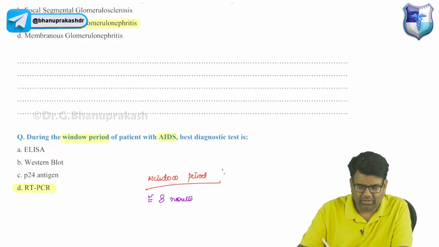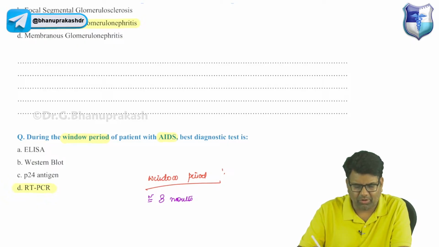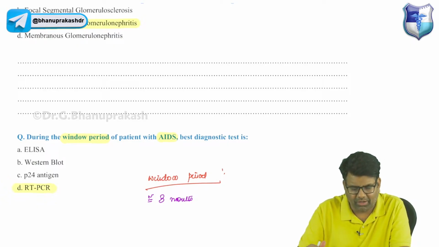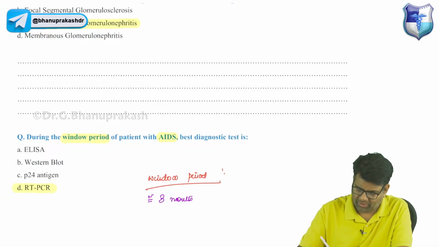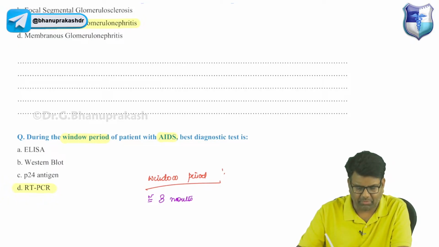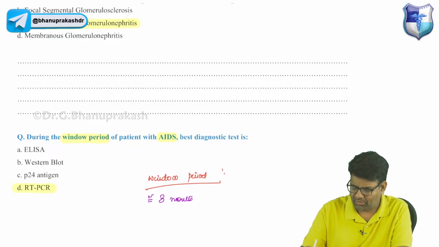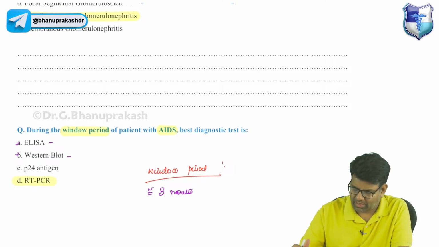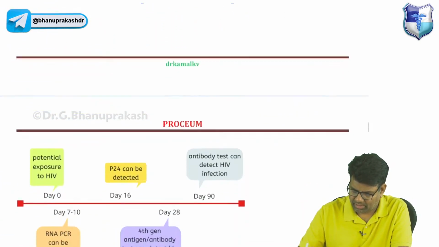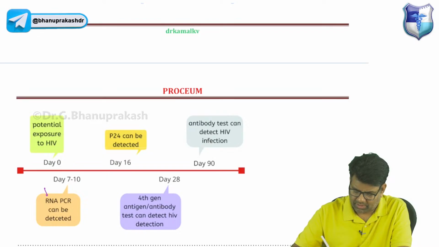The routine tests like ELISA and Western blot are not positive during the window period. So RT-PCR, and we can also go for P24 antigen, but the best is RT-PCR. During the window period, ELISA and Western blot are negative. Right? So the best is RT-PCR. P24 can be done.